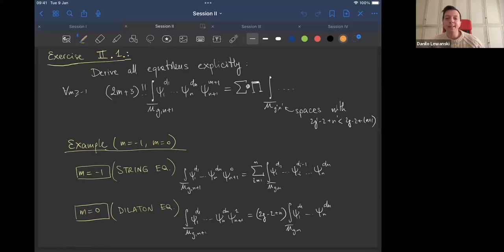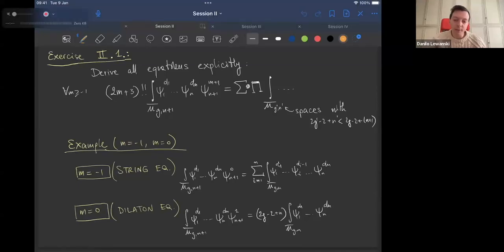And then you express it as sums of products of integrals over M_{g',n'}, where g' and n' are such that 2g' minus 2 plus n' is smaller than 2g minus 2 plus n plus 1. And you find the solution in the very last pages of the Zvonkine Introduction to Moduli Spaces notes. So if you want to check the solution of the exercise after you're done, you can just go there.